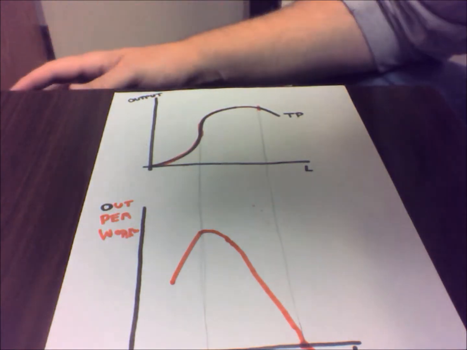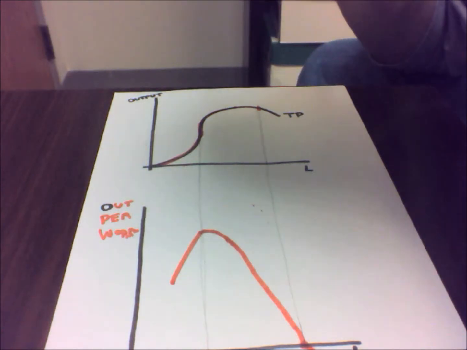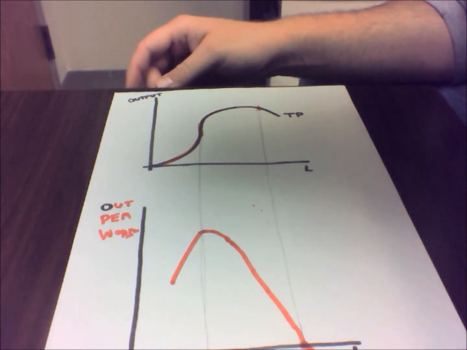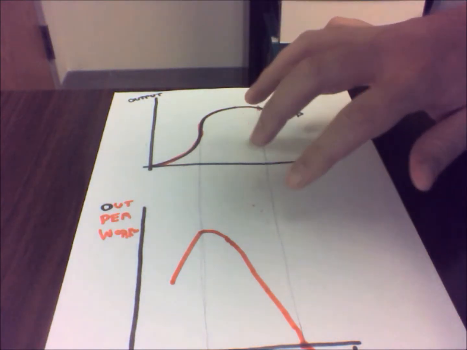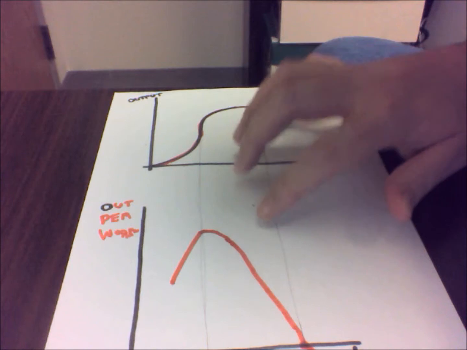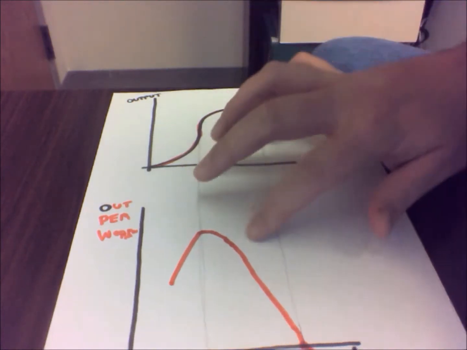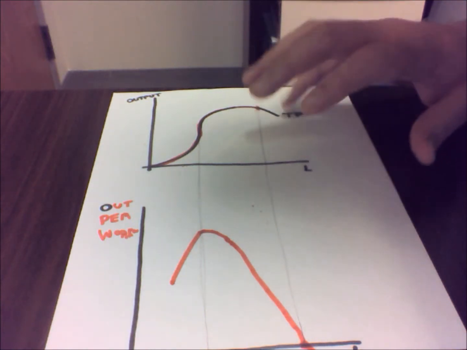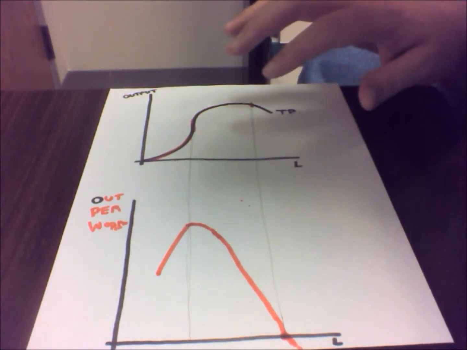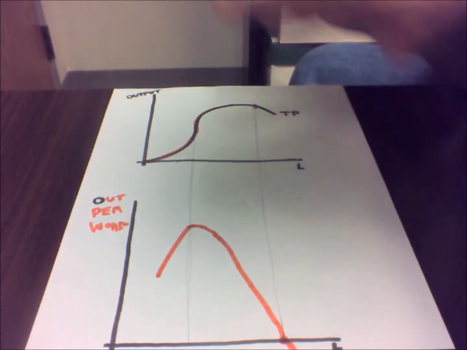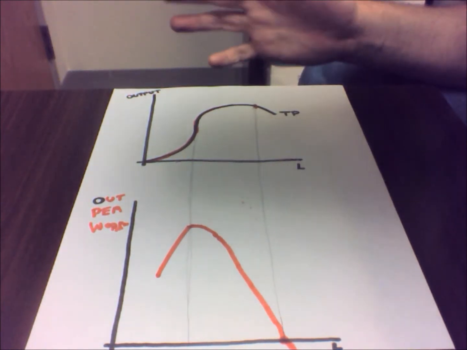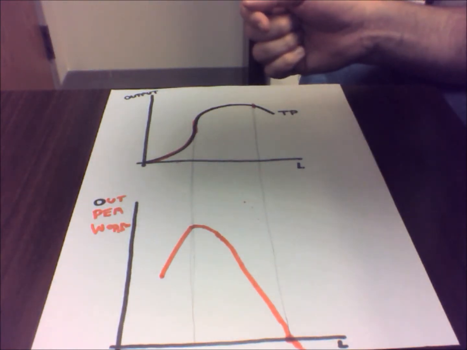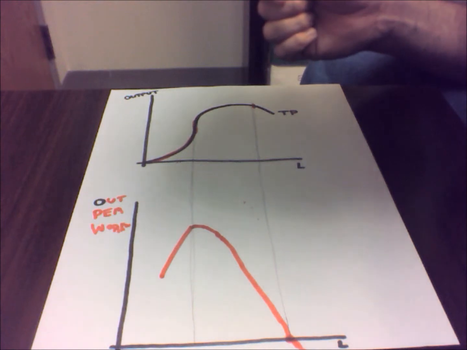In the next video, we're going to get one step closer to figuring out how a firm decides to maximize profits by combining this picture of total product and marginal product to get a depiction of total costs and marginal costs. And as we saw in the last video, that is one piece of the two pieces we need to start talking intelligently about a firm's profit maximization problem.